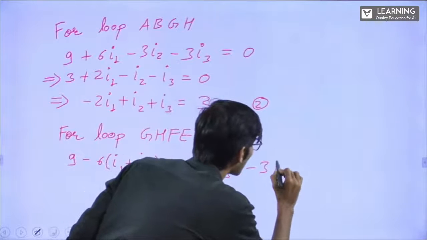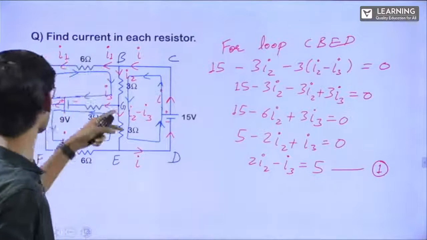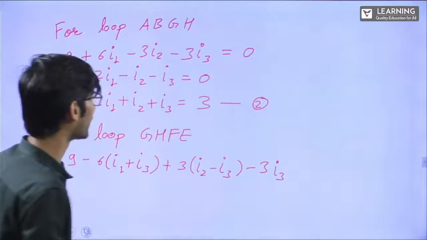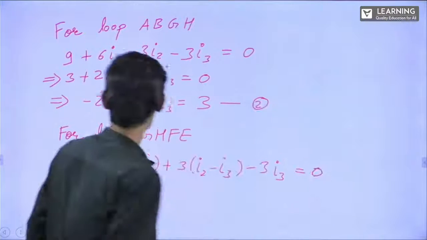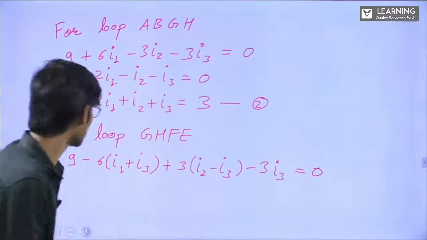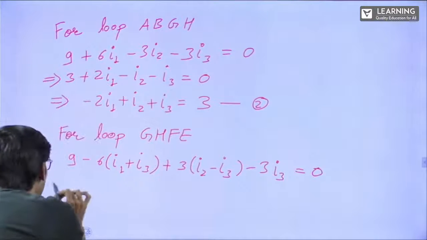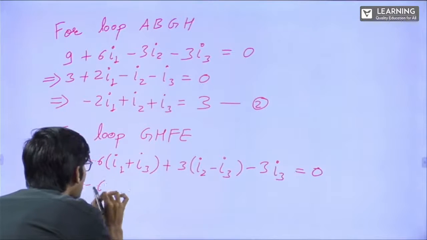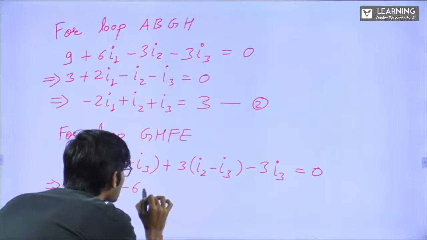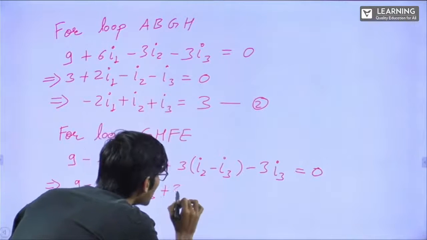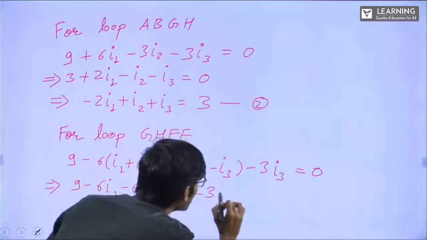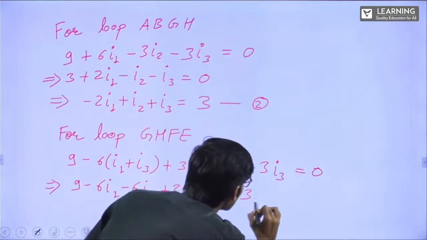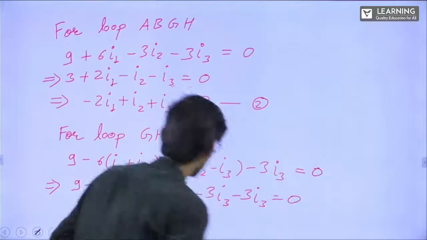Minus 3 I3, again we reach the battery, so this will be equal to 0. Now see, if I expand it: 9 minus 6 I1 minus 6 I3 plus 3 I2 minus 3 I3 minus 3 I3 is equal to 0.